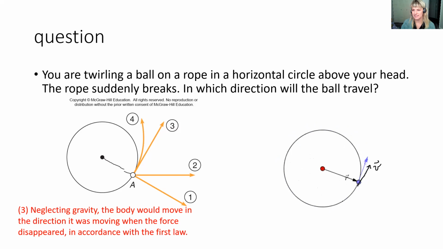And Newton's first law says that if there's no net force acting on the object, it's going to be either at rest or move at a constant velocity in a straight line. And so that's the way it's going to be, right? It's going to just continue moving in a straight line at a constant velocity after the string breaks.